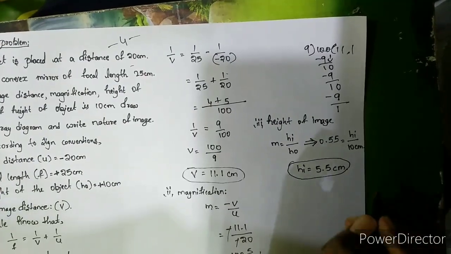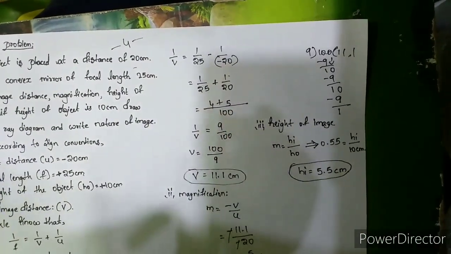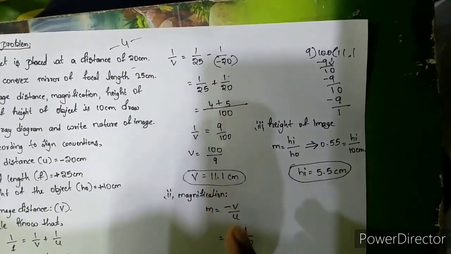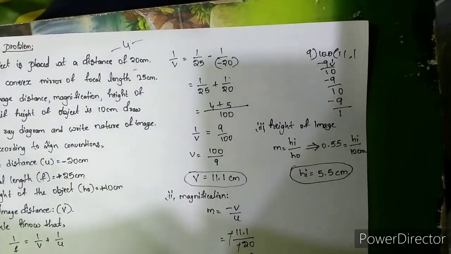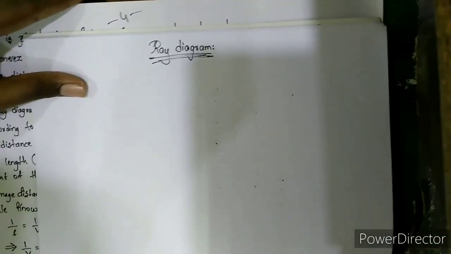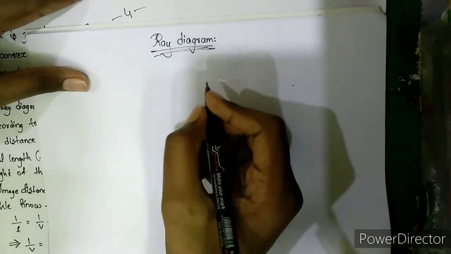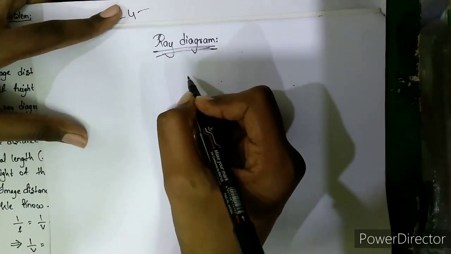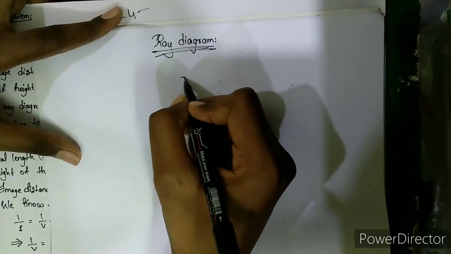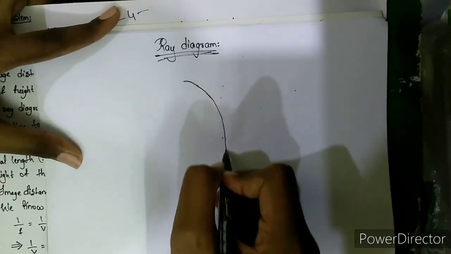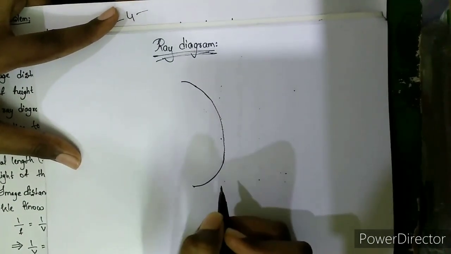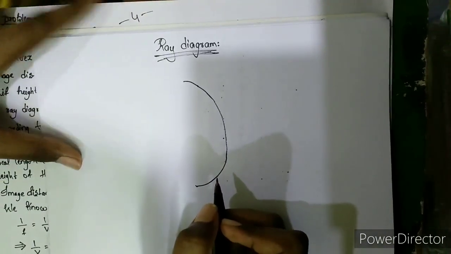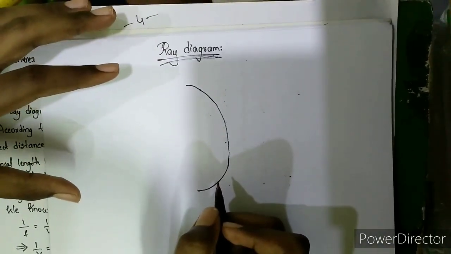Now we have to draw the ray diagram, and we also have to find the nature of the image. If we draw the ray diagram roughly, in the question they had said that it is a convex mirror. So first we have to draw a convex mirror. Friends, don't draw like this in the examination. Here I am just drawing roughly.